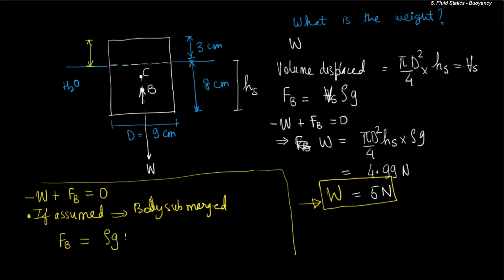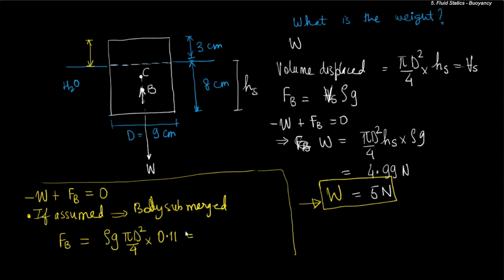So it would be rho g pi d square by 4 multiplied by the height of the body, which would be 11 centimeter, which is 0.11. So let us just quickly find out what this buoyancy would be.